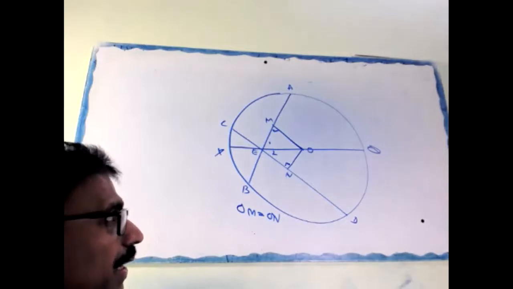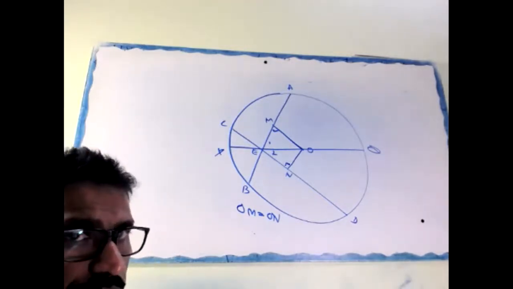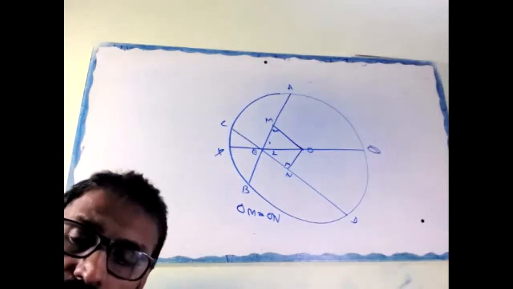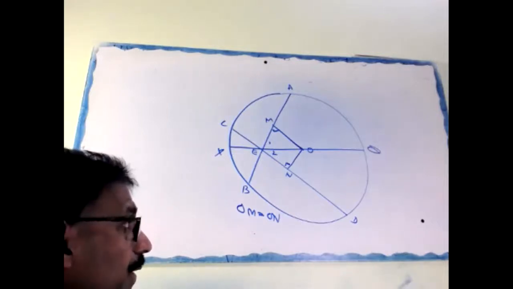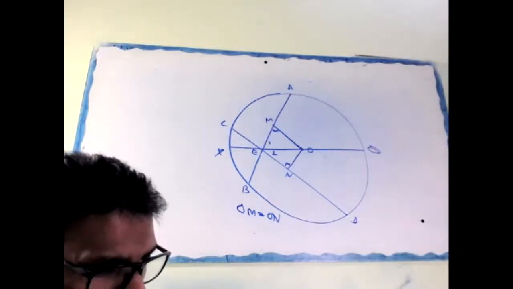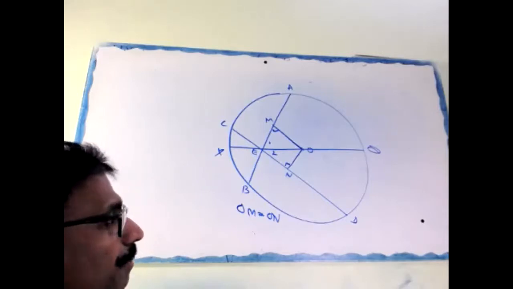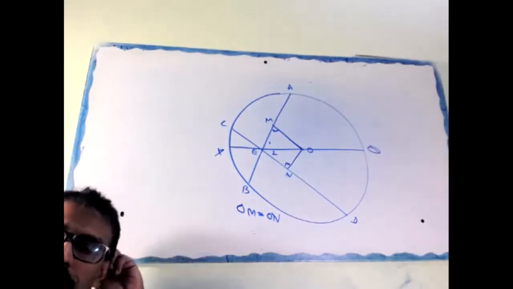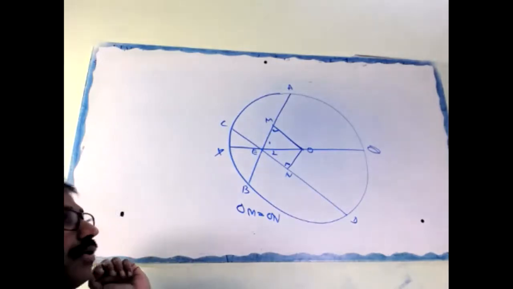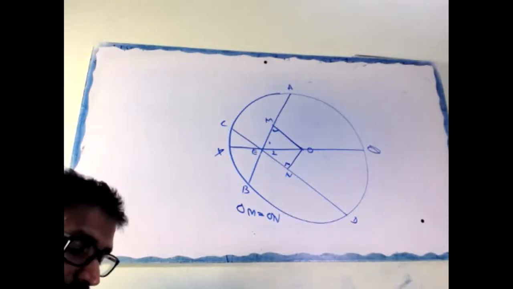Therefore, triangle OME congruent to triangle ONE by AAS congruency. Hence, OM equal to ON, CPCT. Therefore, AB equal to CD.